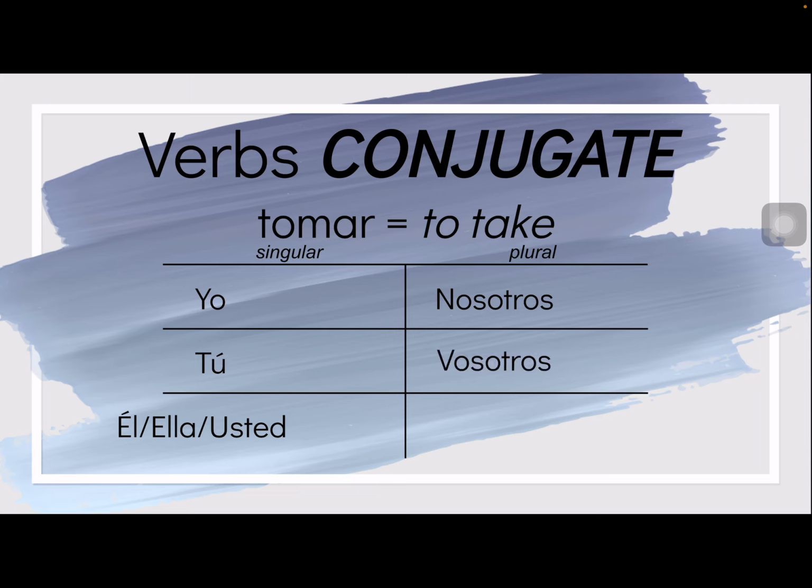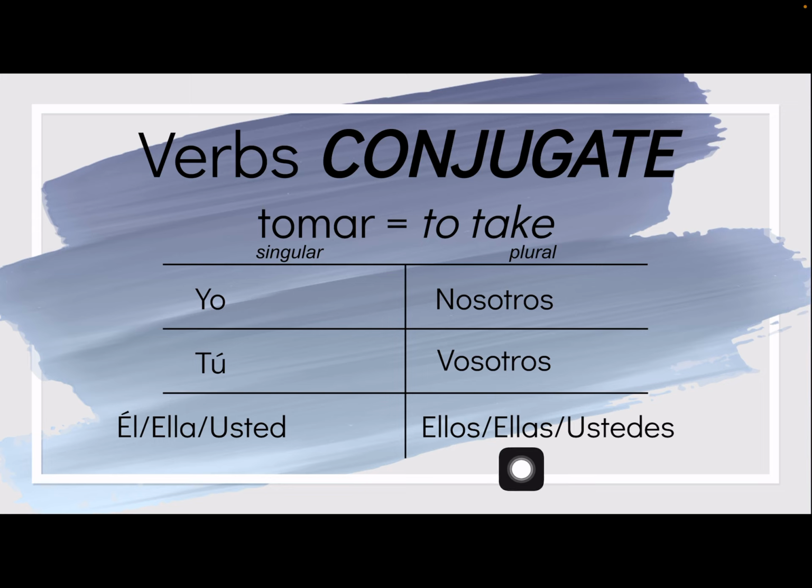Vosotros, solo usan vosotros en España o Argentina. They don't use this in Mexico or other Central American, the majority of South American countries either. It is primarily a Spain and Argentinian thing. And third person plural, la tercera persona plural, ellos, he, and it's like a group of like they, but it's masculine.